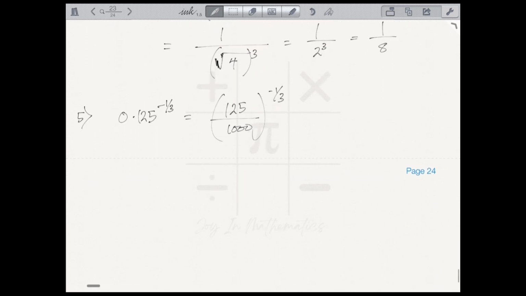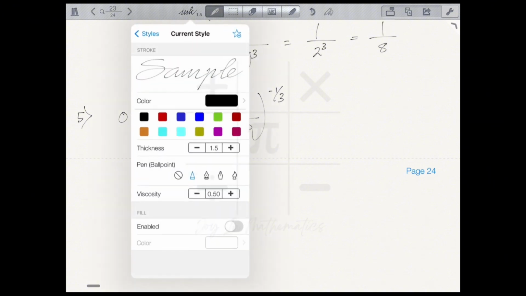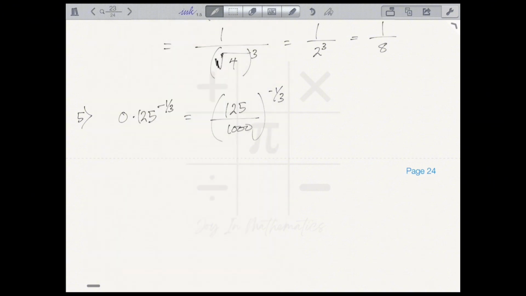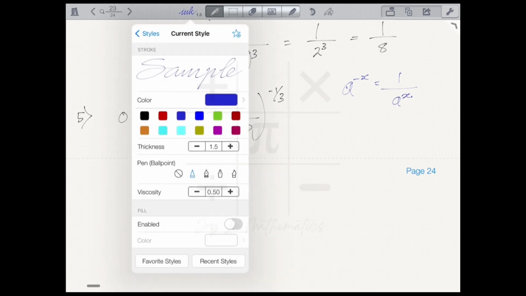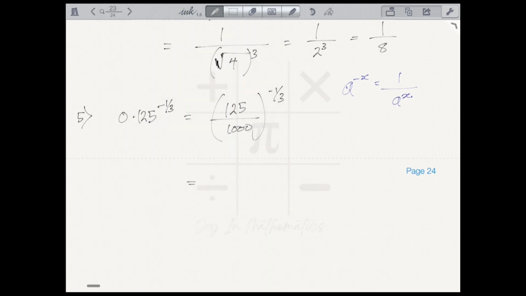Therefore, we first apply the negative index here because of our minus, and that means we are applying a raised to the power minus x is equal to 1 over a raised to the power x. Therefore, 125 over 1000 all raised to the power minus 1 over 3 will give us 1 over 125 divided by 1000 raised to the power minus 1 over 3.